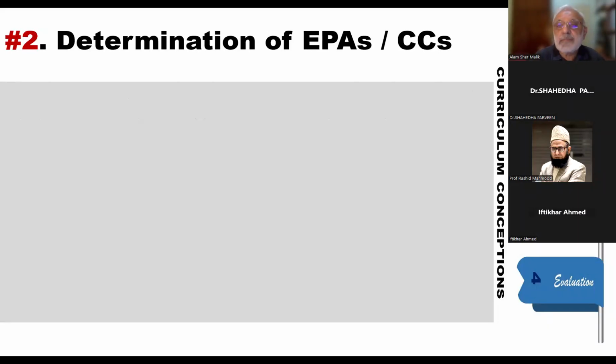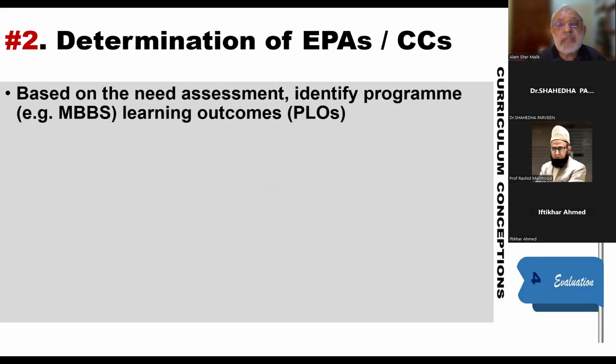The second step is determination of core competencies, or EPAs. Based on the need assessment, we need to identify program learning outcomes. For example, learning outcomes of an MBBS program, or learning outcomes of a BDS program, or learning outcomes of a pharmacy program.